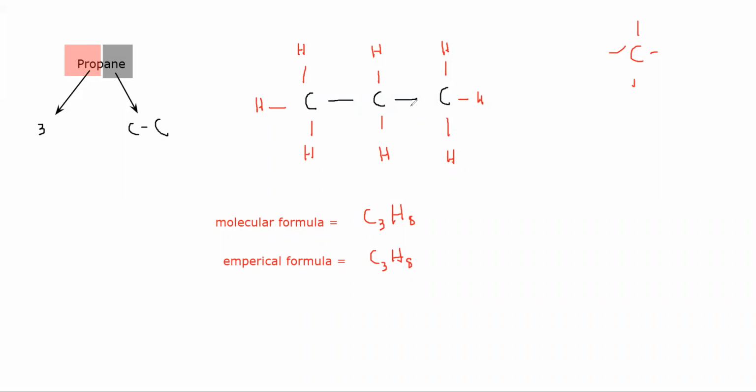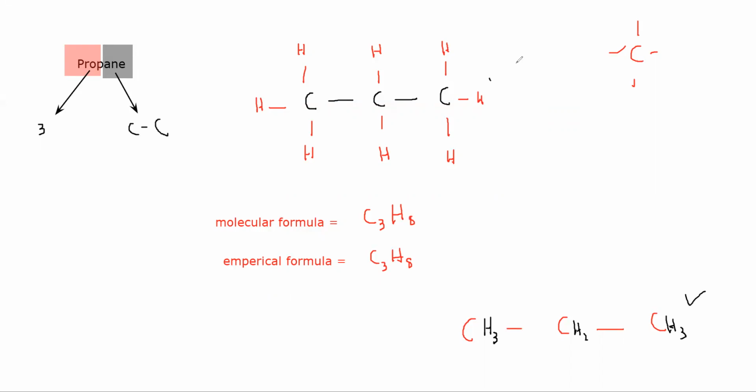Sometimes to save space, you can also write like this, after drawing the 3 carbon atoms. Both ways are acceptable. Instead of showing all these hydrogen bonds, I have 3 hydrogen, so I can write CH3. This will have 2 hydrogen, so I will write H2. This is having 3 hydrogen, so I will write CH3.